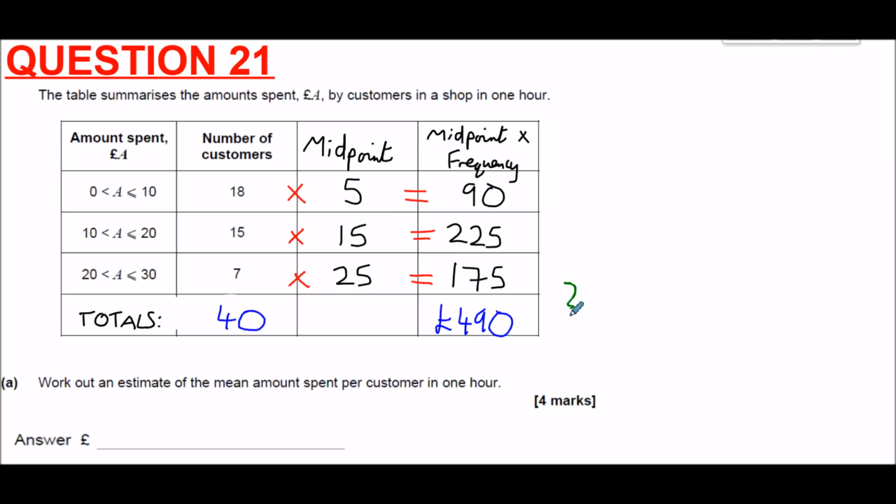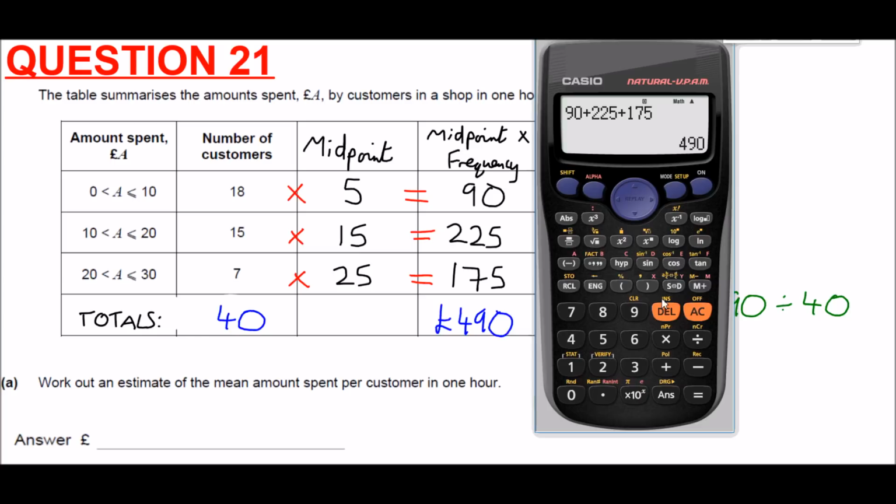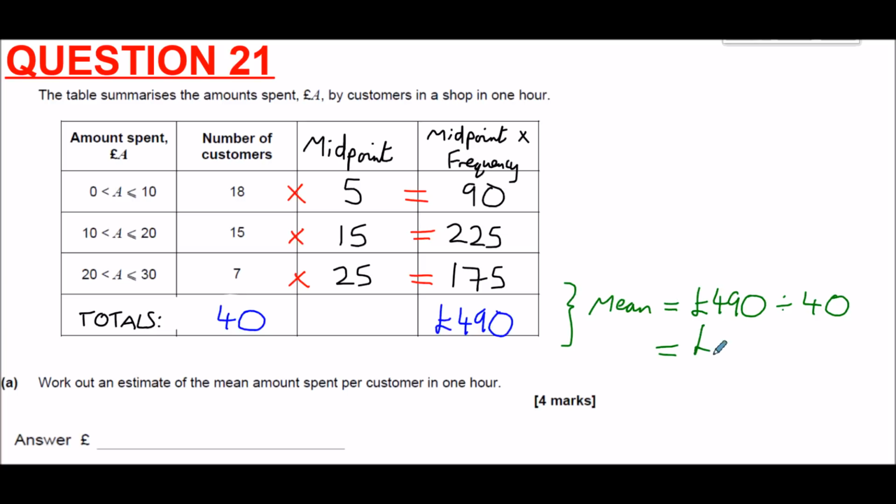And so from these two totals, we can estimate the mean by doing £490 divided by 40, because there's 40 customers. That'll tell us the average amount spent per customer. So 490 divided by 40 comes out as £12.25, and that's our estimate for how much the average customer spent.